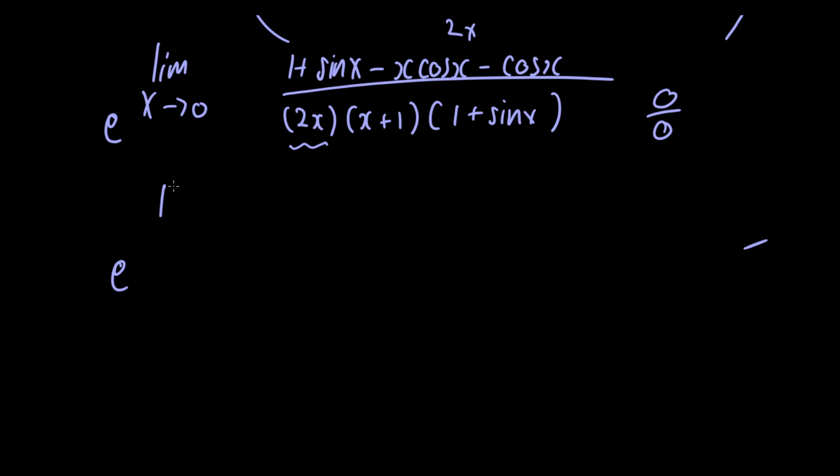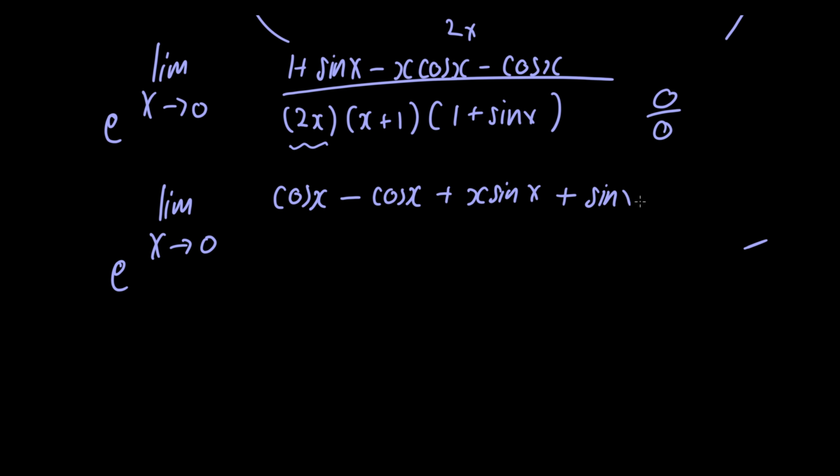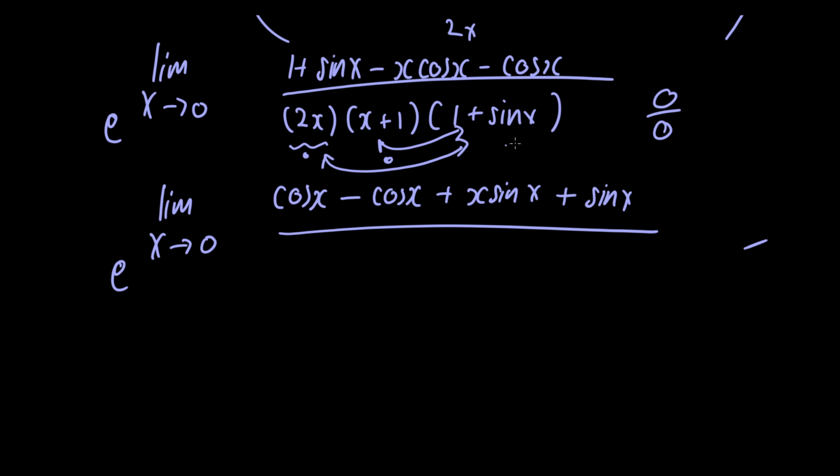We're going to have e raised to the limit as x approaches 0 of cosine of x minus cosine of x plus x sine of x plus sine of x, divided by, now in order to take this derivative we're going to have to use the triple product rule. So we'll take the derivative of this part and keep these two the same, take the derivative of this part and keep these two the same, and then take the derivative of the last part and keep these two the same.